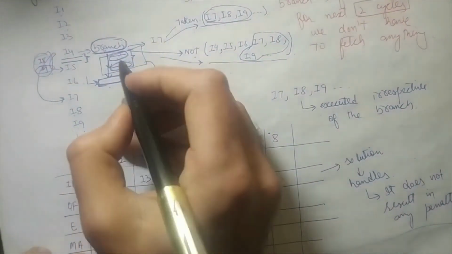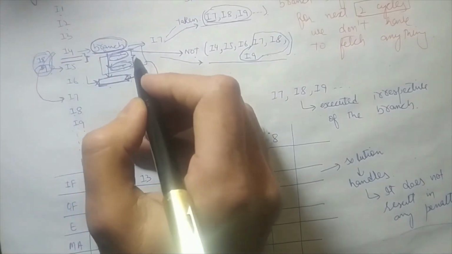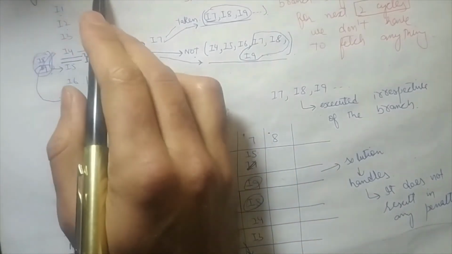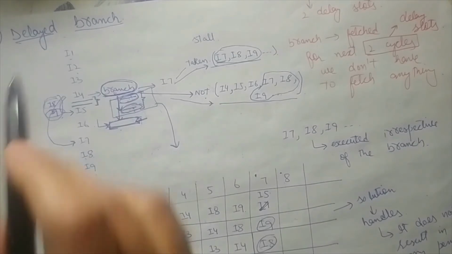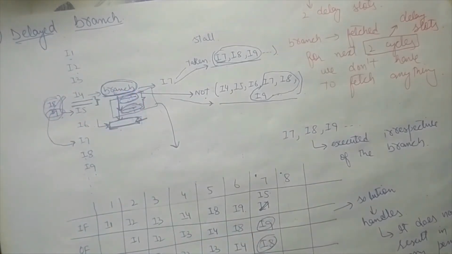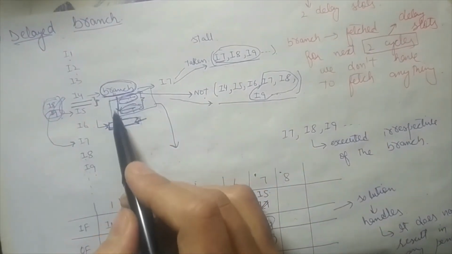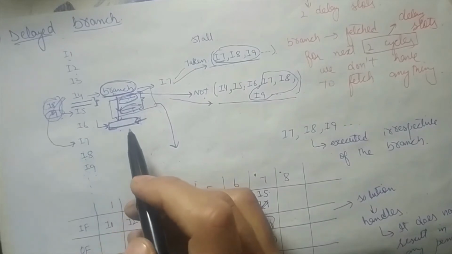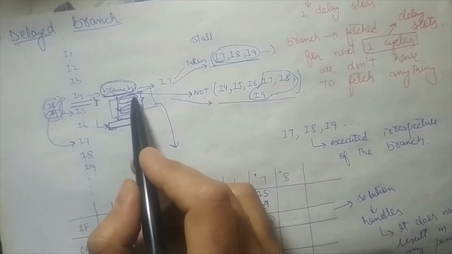So our compiler won't be able to handle the control hazard using the delayed branch technique always. Sometimes it may find 2 instructions to fill 2 delay slots, but it is not always possible for a compiler to find these 2 instructions.